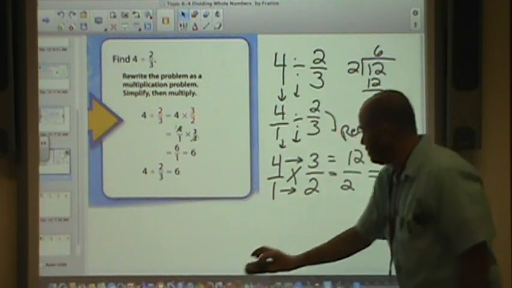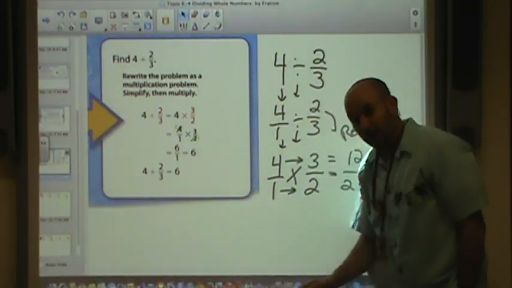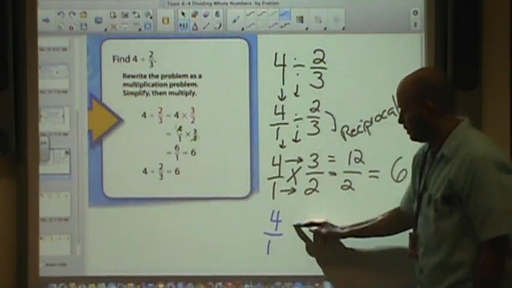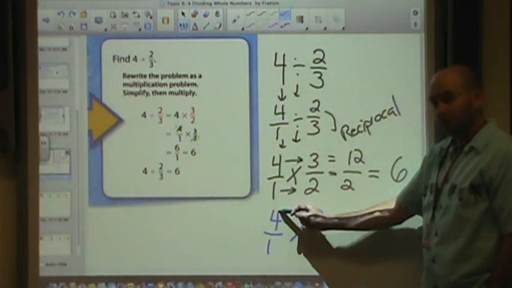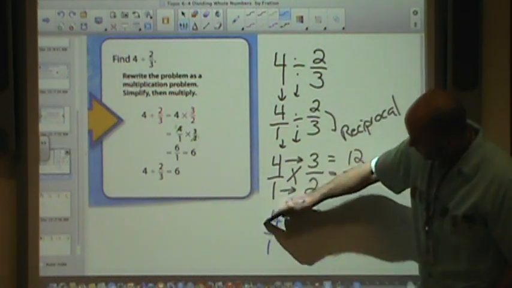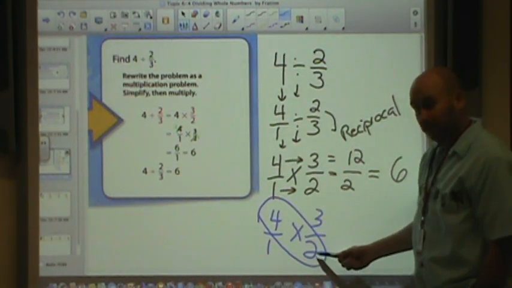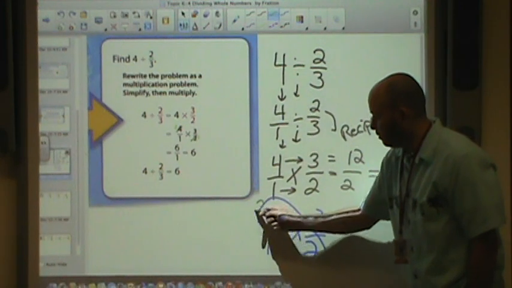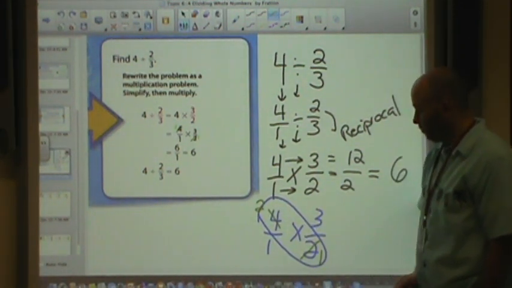Now, you can save yourself some time if you look for compatible numbers. If I set my problem up again with the reciprocal, you will see that 2 and 4 get along. So we could actually say that 4 divided by 2 equals 2, and 2 divided by 2 equals 1.